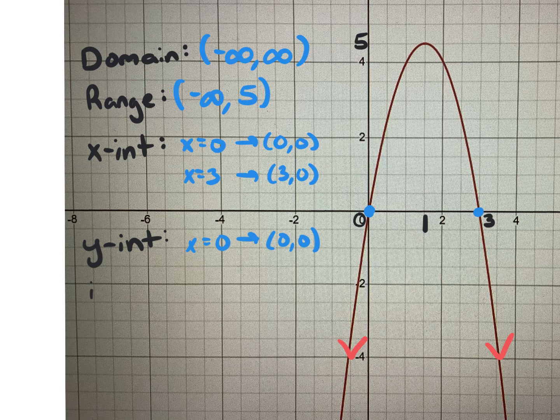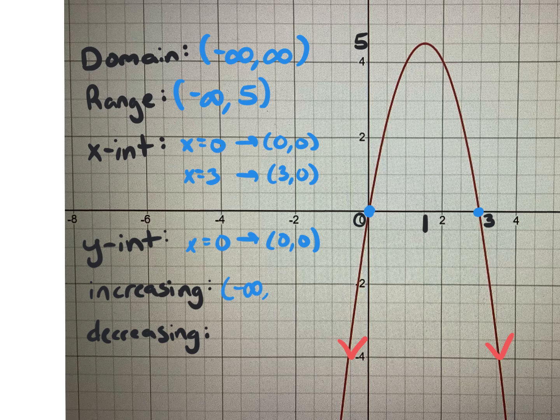Next one is increasing and decreasing. Remember, I want you to look at these at the same time because we read from left to right. So, starting all the way to the left, down here, what am I doing first? Increasing. Where did I start increasing from? Negative infinity. Where do I stop increasing?